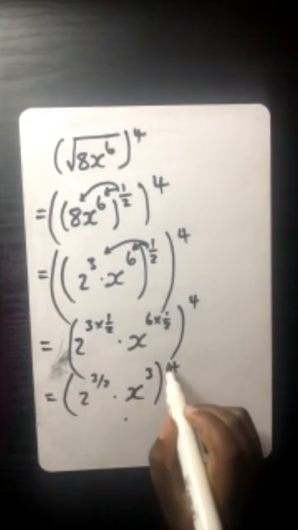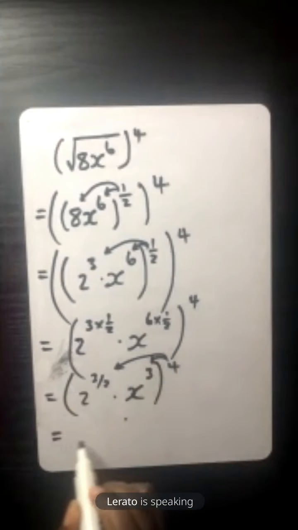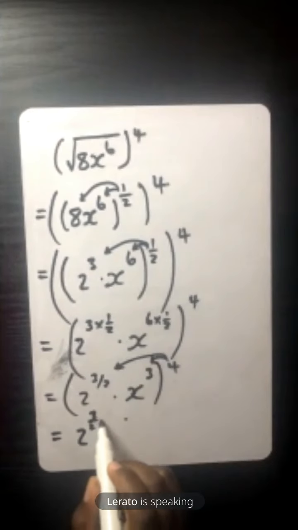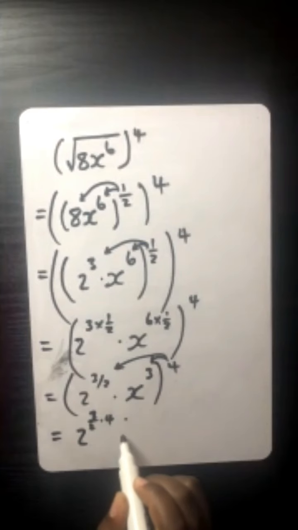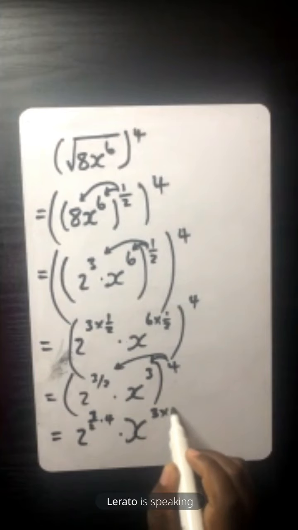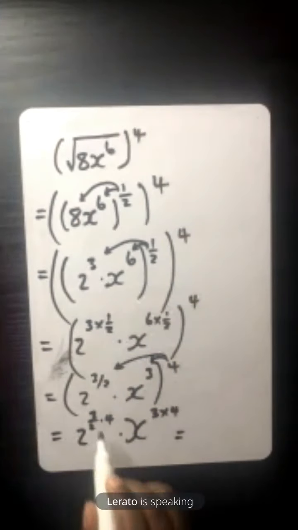You still multiply again by the exponents, that by that, that by that. So it's the same as 2 to the exponent 3 over 2 multiplied by 4, multiplied by x to the exponent 3 multiplied by 4, which is the same as, what is this, guys?